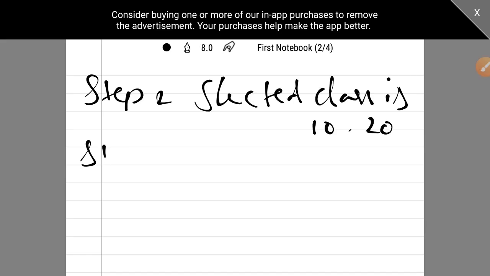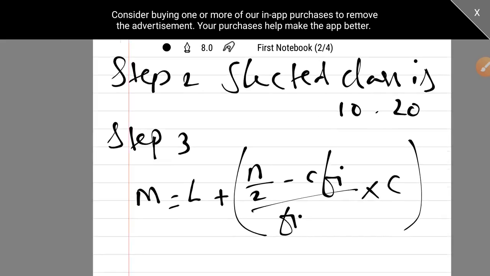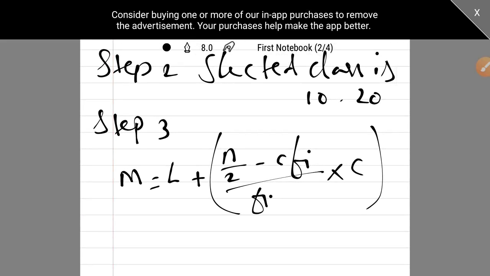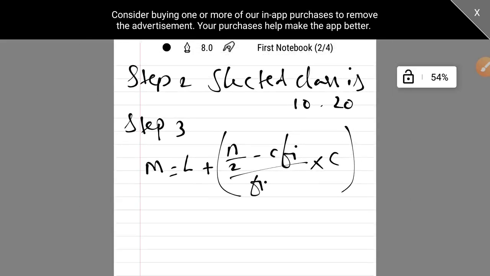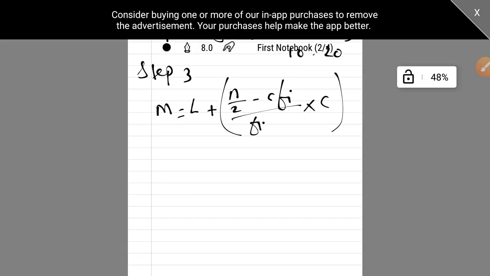Now step 3 is to find median. What is formula for median? It is equal to L plus (n by 2 minus CF) upon f into C. Okay, so this is your formula. Now what is L?